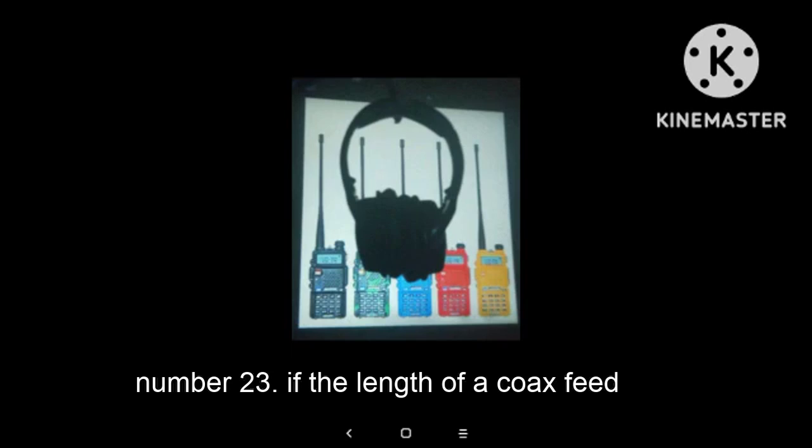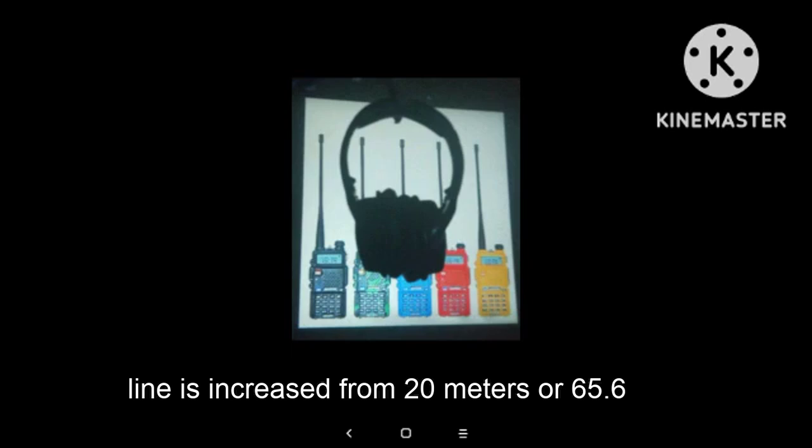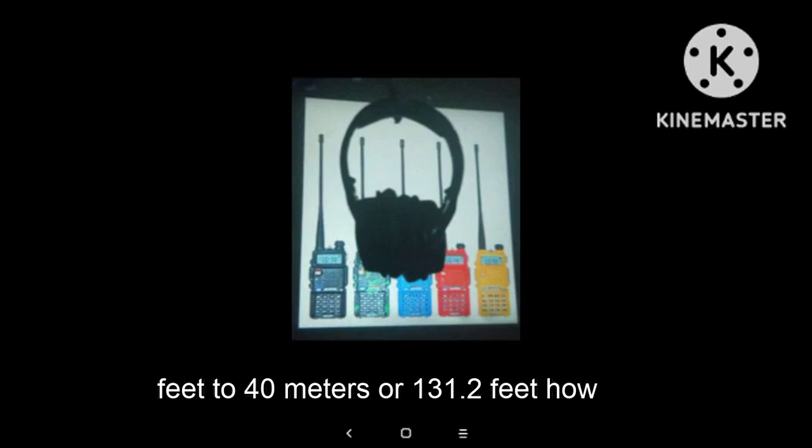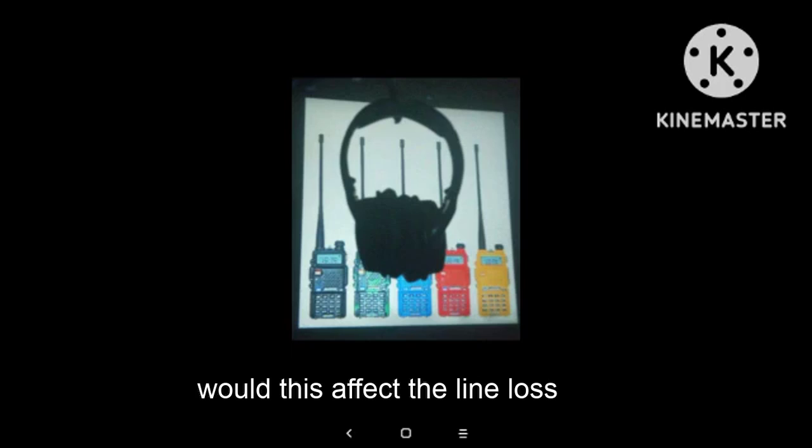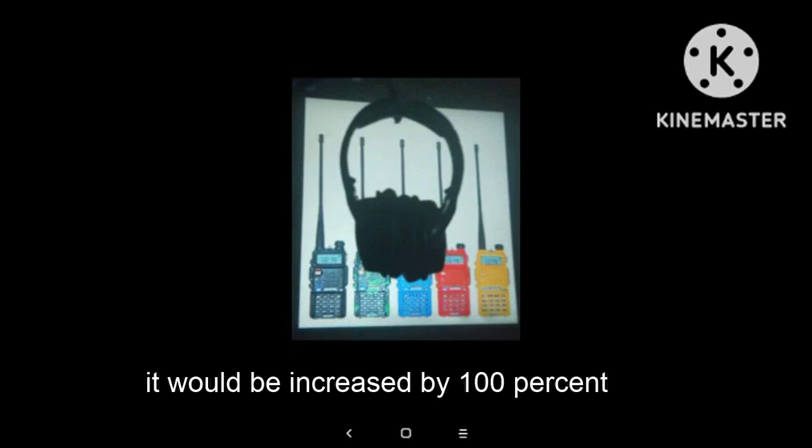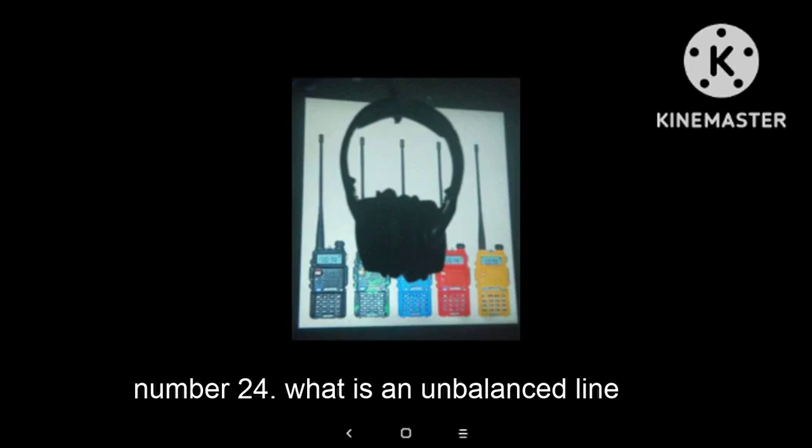If the length of a coax feed line is increased from 20 meters, or 65.6 feet, to 40 meters, or 131.2 feet, how would this affect the line loss? It would be increased by 100%. Number 24. What is an unbalanced line?